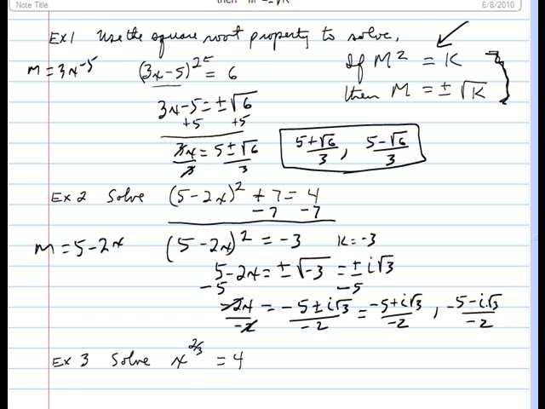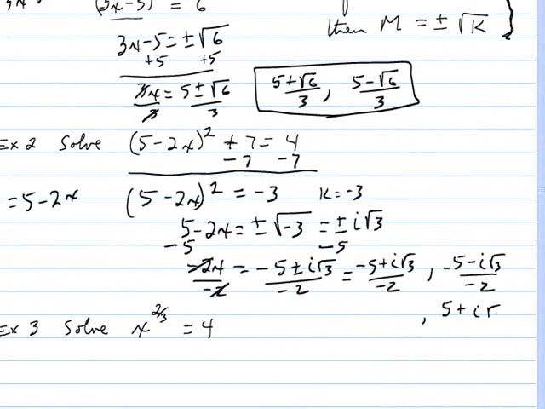If I multiply top and bottom by negative 1, I could call that second answer 5 plus i square root of 3 over 2. First answer I can't really simplify too much, so those are my two answers.